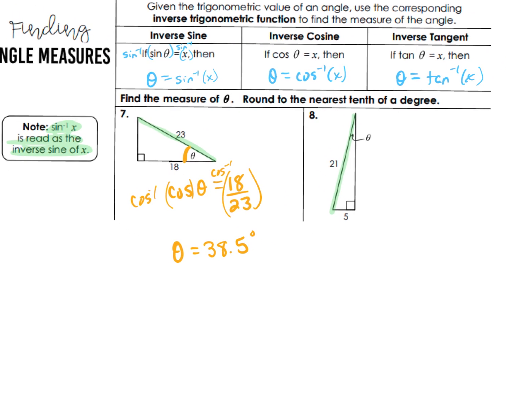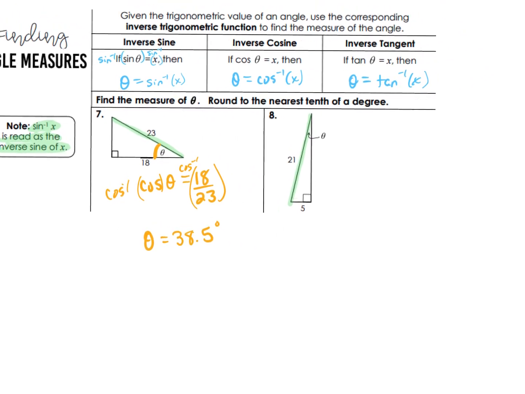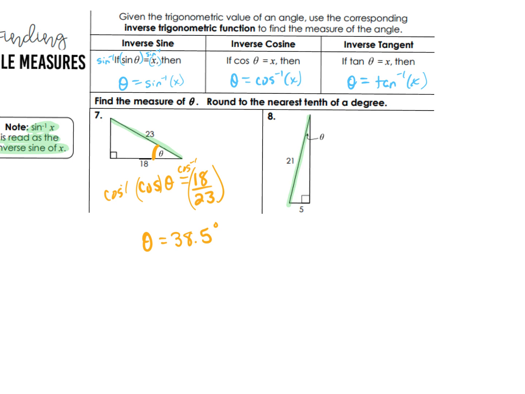All right, what trig function are we going to use for number 8? This is our angle, so you have to think about what sides we're given. We're given the hypotenuse, and then we're also given the opposite, that's across from that angle.